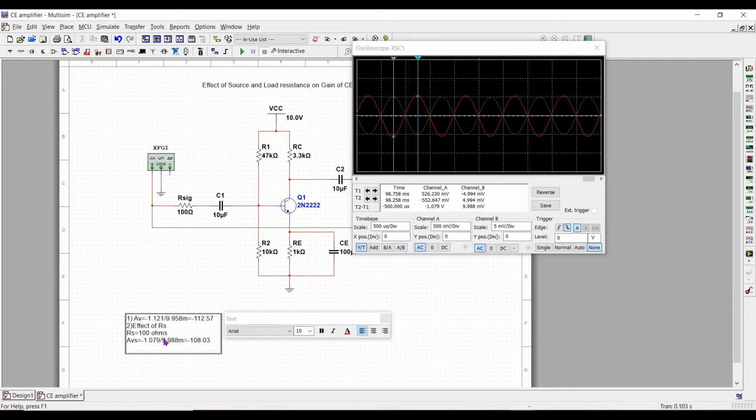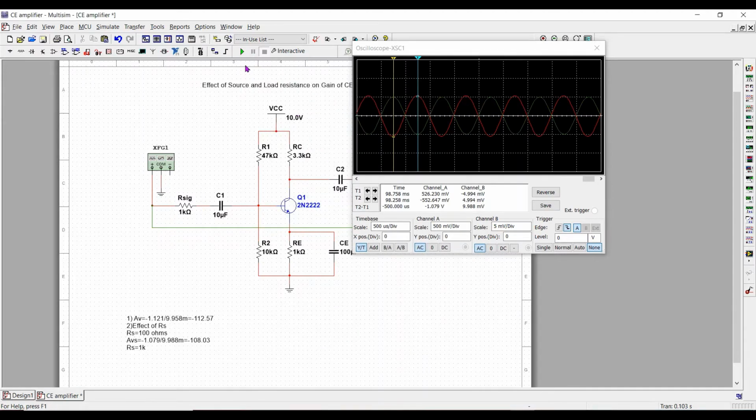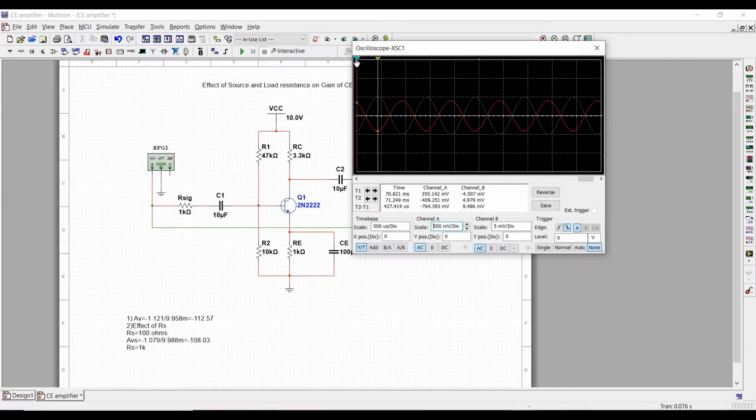Next is RS equal to 1 kilo ohms. Double click on this, just change the value to 1 kilo ohms. Rest everything will remain the same. Run it, stop and observe the waveforms. Observation will also be in the similar manner. Cursor 2 to the positive peak and cursor 1 to the negative peak.